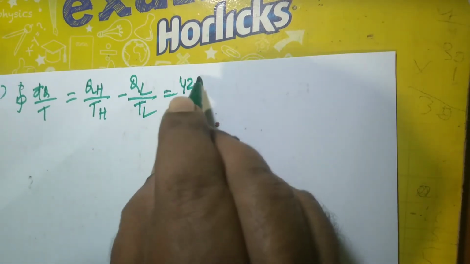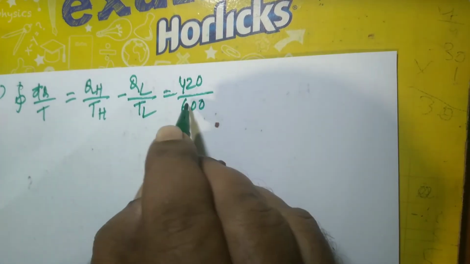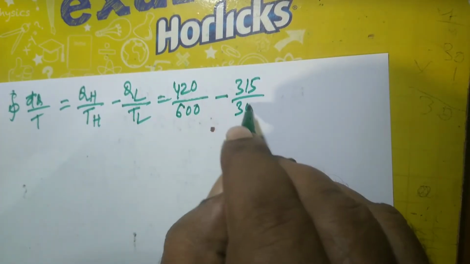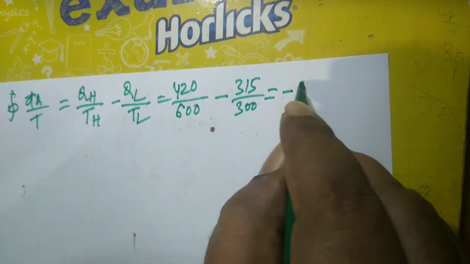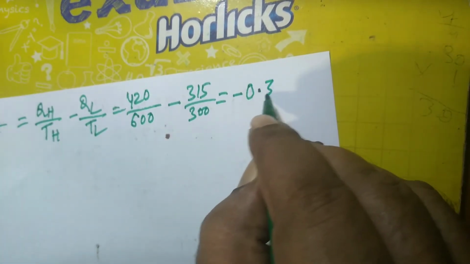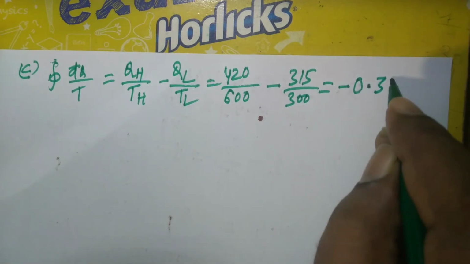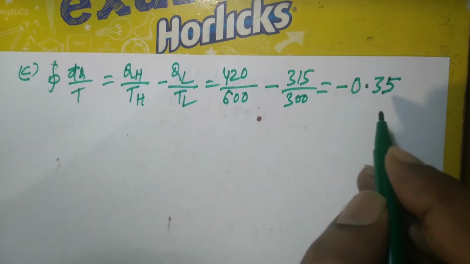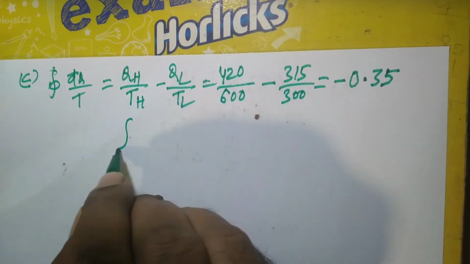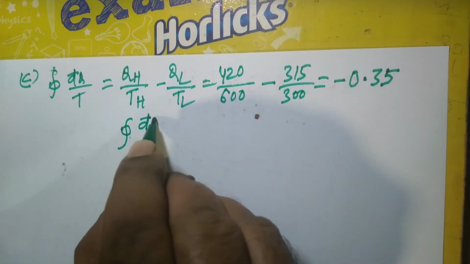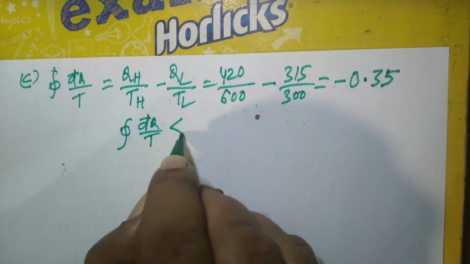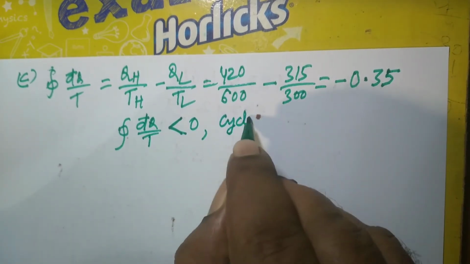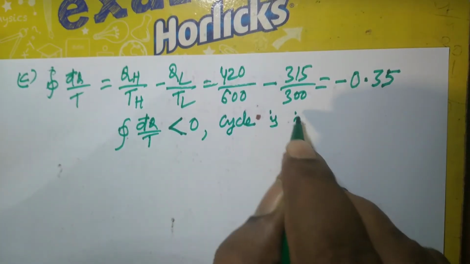This is 420 by 600 minus 315 by 300, which is equal to minus 0.35. Since this cyclic integral of d cut Q by T is less than 0, the cycle is irreversible.